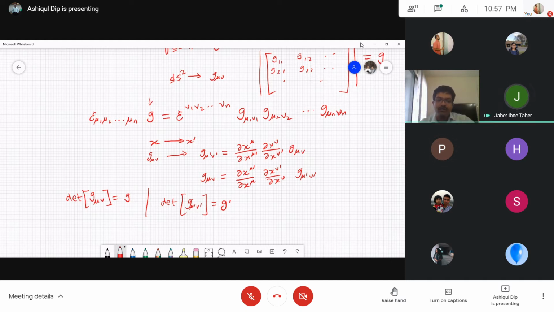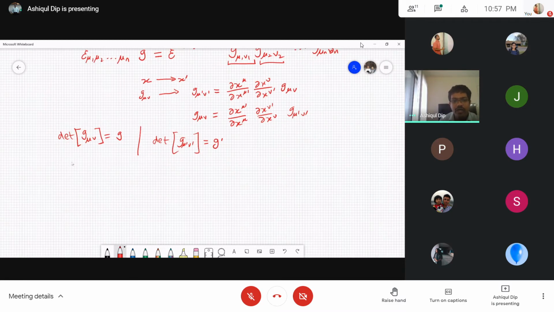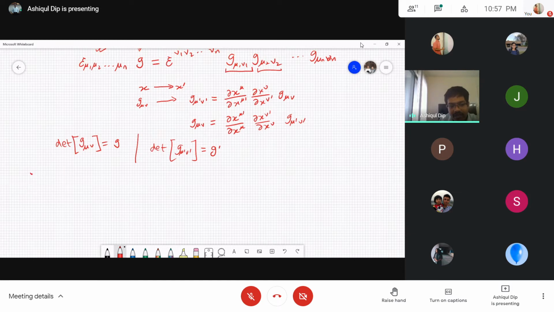Okay, great. So now, using this relation, I want to substitute G mu1 nu1, G mu2 nu2 instead of those, I want to substitute primed coordinates. So what should I do then? On my left hand side, I still have E mu1 mu2 up to mu n times the determinant of the old coordinates metric tensor, right?